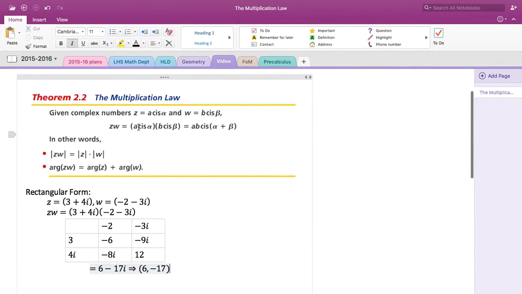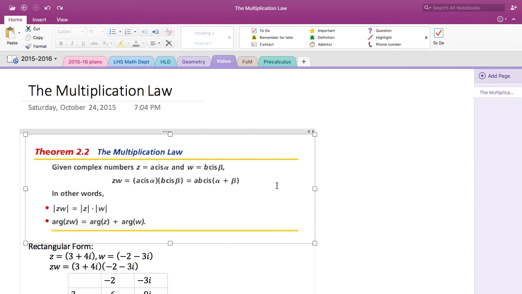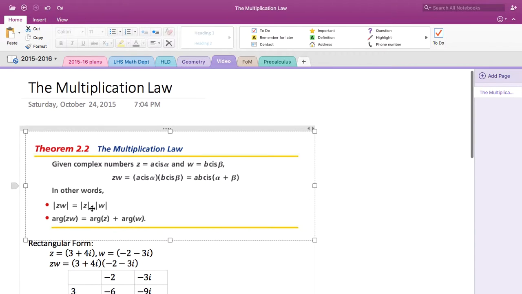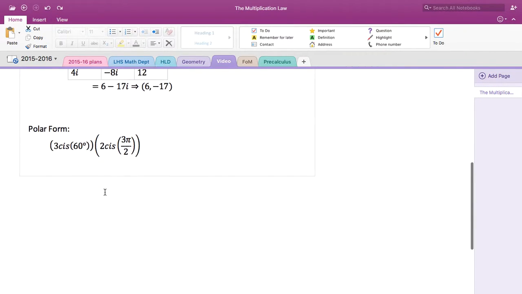Okay, the multiplication law says that if you multiply these, we just multiply the magnitudes and add the arguments. I should say, let z equal this, and let w be 2 CIS 3 pi over 2. The magnitude of z is 3 and the magnitude of w is 2.